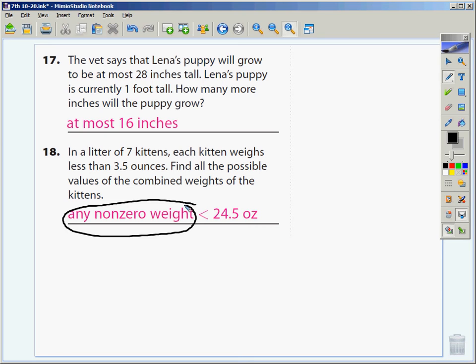Why couldn't they be 0? Yeah, and what are they talking about? The weight of a what? They're talking about the weight of a kitten. Can one kitten weigh less than 0? It's got to be greater than 0, right? And it's got to be less than what? 24.5 pounds. And they found that by taking 7 times the 3.5.